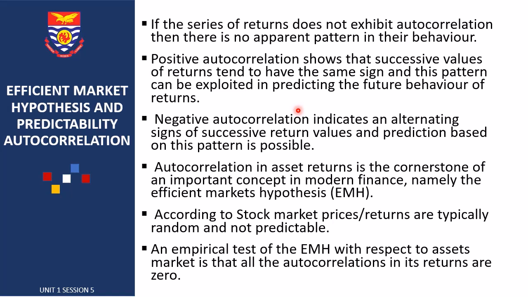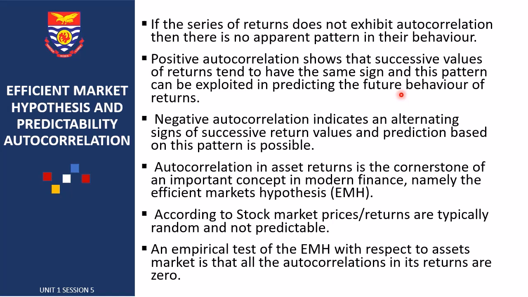When a data set is autocorrelated, we are simply saying that you can predict the successive values using the previous values, because there is some connection between the previous and the current.